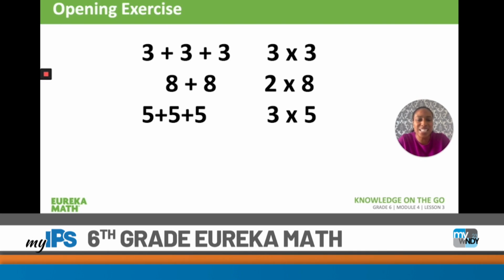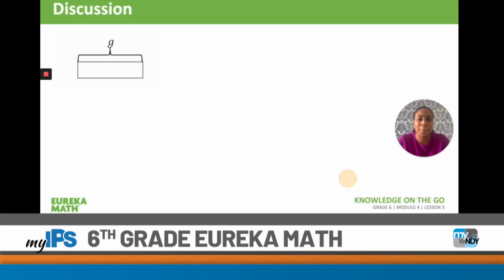Now, let's create an equation from a tape diagram that models the relationship between multiplication and addition, as we see here. First, I want you to choose a variable. It doesn't matter what you choose. You can choose your favorite letter from the alphabet. I'm going to choose G. My G will represent the same number.